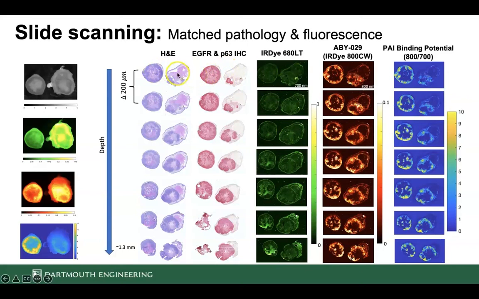So you can see now that we can actually rapidly scan a high number of sections and get very large correlating data sets, which is really important for trying to prove the diagnostic ability of our technique.